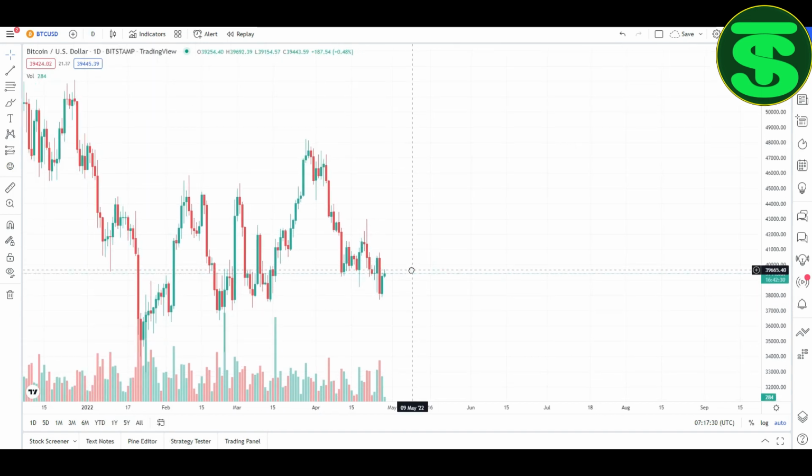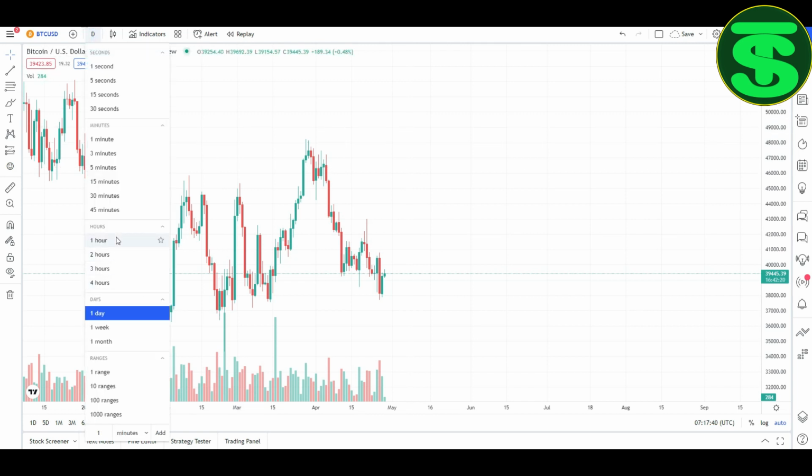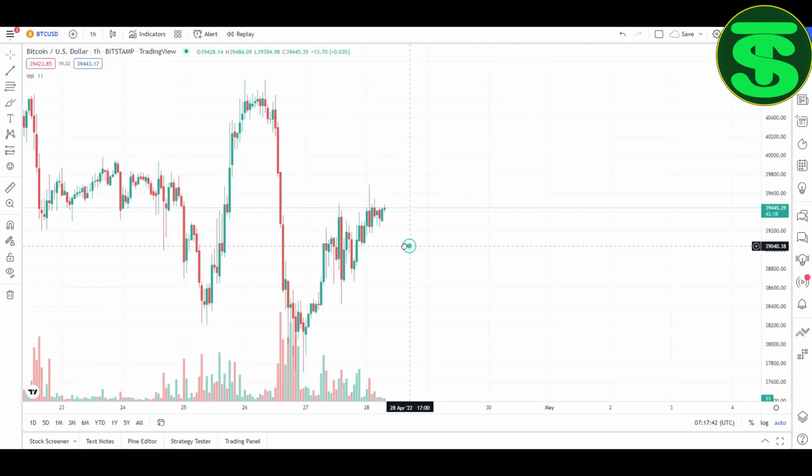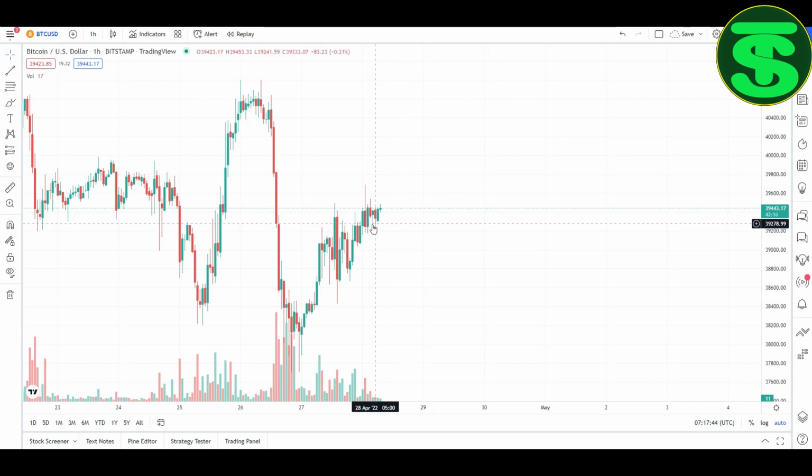In the one day chart you can see this graph is going up, and if I go to the 1 hour chart you can see that this graph is also going up.